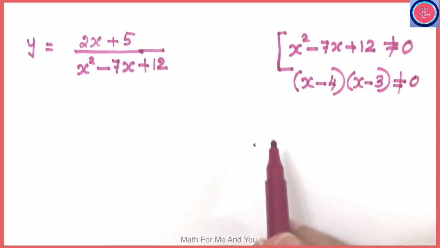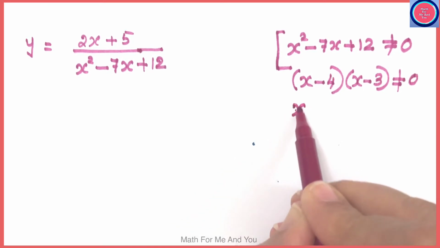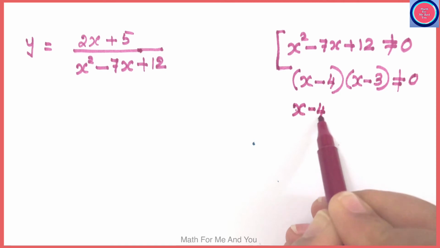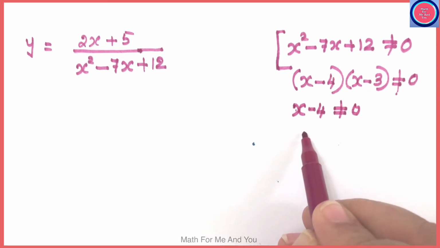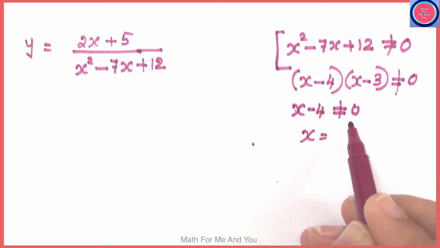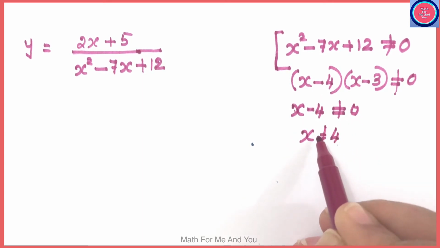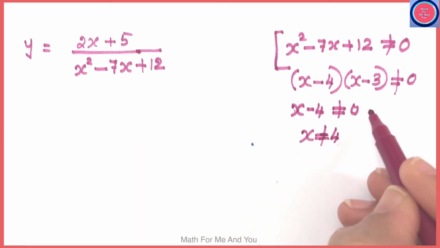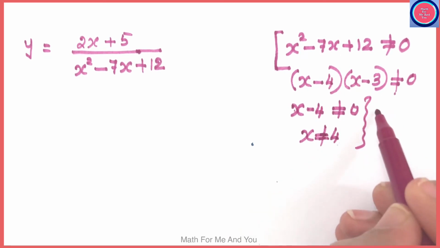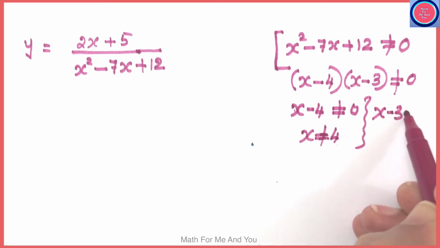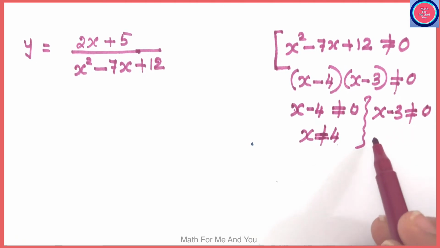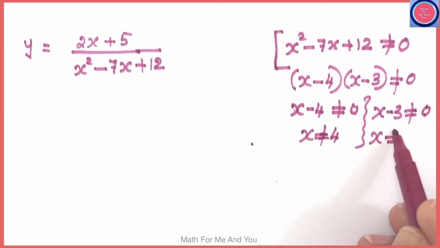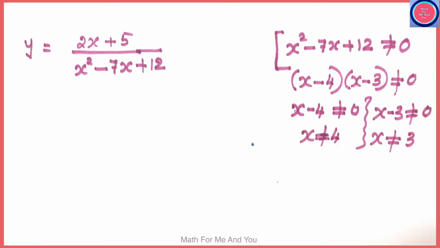See the factors here, x minus 4 times x minus 3, not equal to 0. Take one by one. First factor x minus 4, and we write this is not equal to 0. Move the number minus 4 to the right side so that we get x not equal to positive 4. Same way we can find the other value. That means x minus 3, not equal to 0. From here we can write x not equal to positive 3.